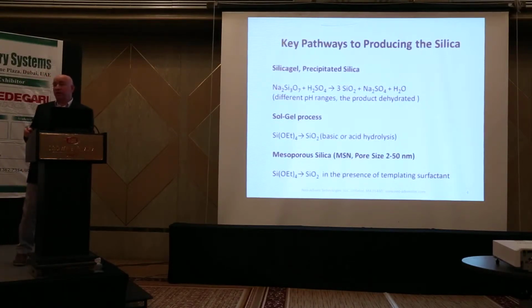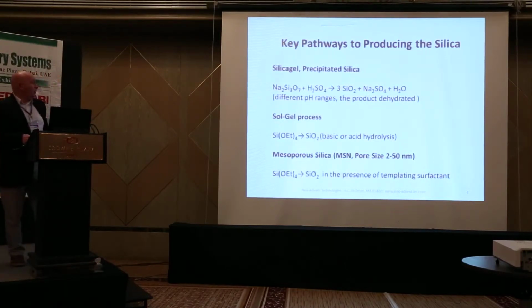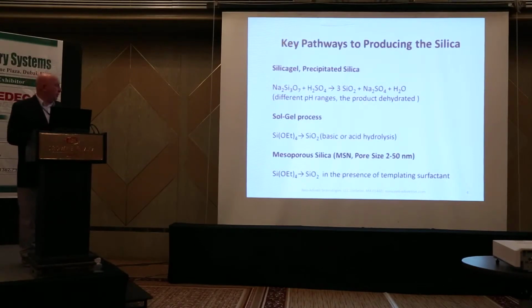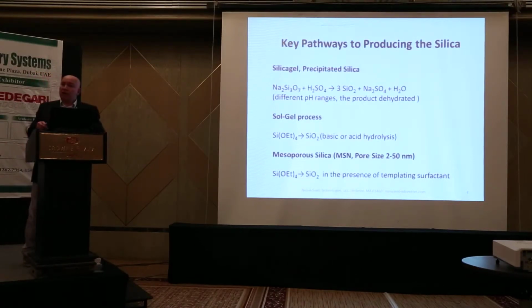What we're dealing with more frequently in the lab is the very famous sol-gel process that starts off with a very cheap, very affordable material called TEOS, tetraethyl orthosilicate, and depending on basic or acidic hydrolysis, you can produce different materials. Most of the drug delivery materials are obtained by the sol-gel process.